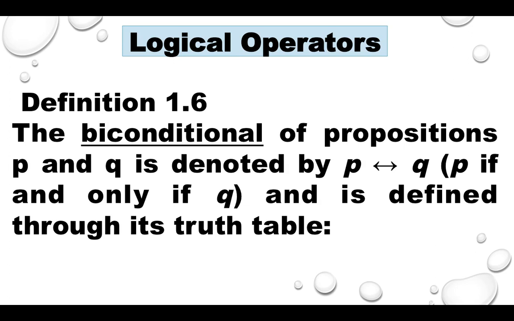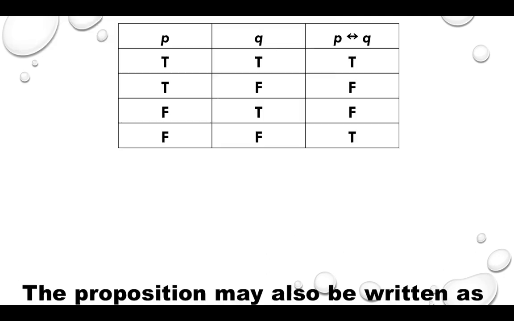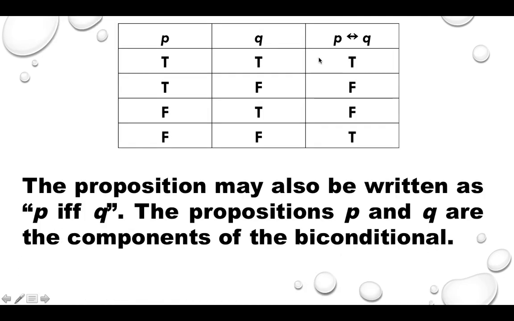The last operator is biconditional of propositions P and Q, denoted by P if and only if Q, and is defined through its truth table. So, we have another truth table here. Okay, for this one, may clue lang tayo dito.